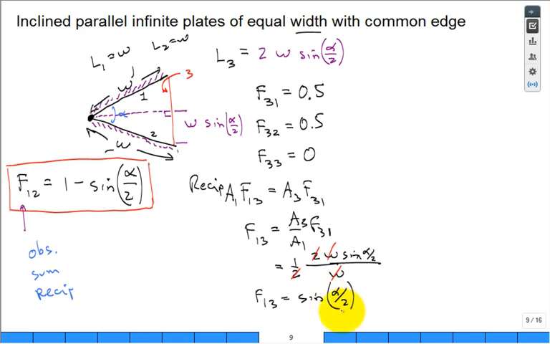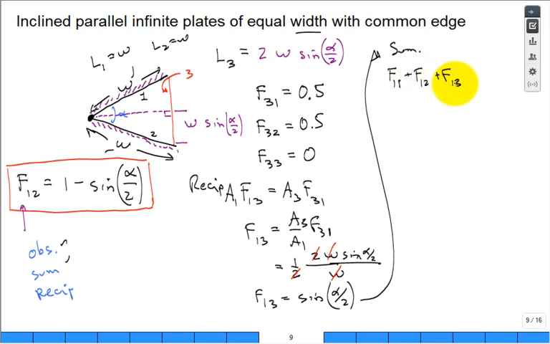I pause. Does that look okay? Or not? So, guess what we do now? We already used reciprocity. We've used observation. Use summation. So if you have the view factor from 1 to 1 plus the view factor 1 to 2 plus the view factor 1 to 3, is that equal to 100%?